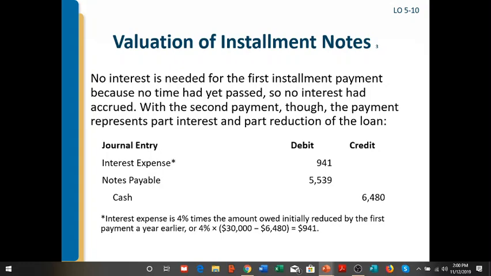So here you've already reduced the amount of the note by 6,480. So 30,000 minus 6,480 is what? 23,520. So you take 23,520 times 4%, come up with $941 interest expense.